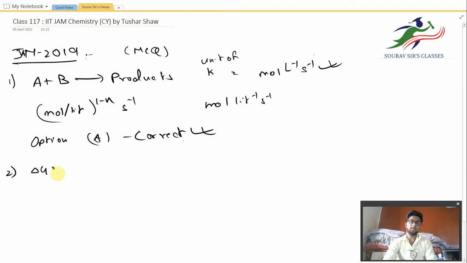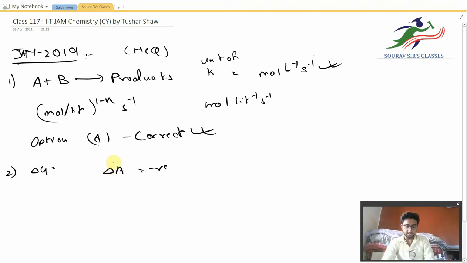Obviously, if delta G is not used, we can use delta A, that is the Helmholtz free energy. Since volume and temperature are constant, this would not be a problem. If delta A is negative, then the reaction would be spontaneous, because delta G and delta A are basically the same thing, except that pressure is involved in delta G and volume is involved in the delta A value.